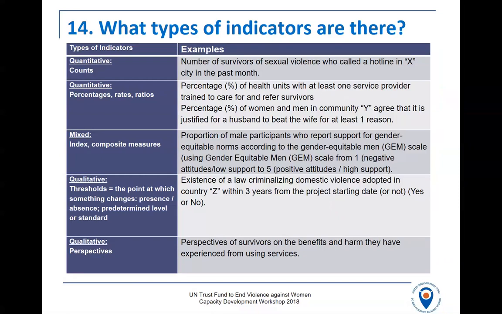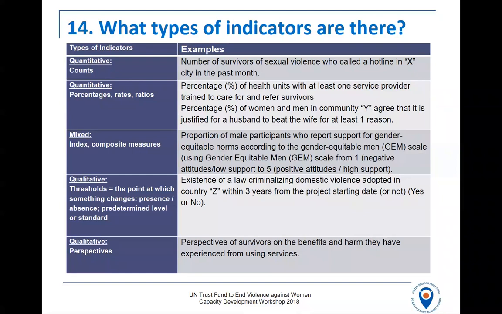Right at the bottom of this example, there are qualitative indicators, and qualitative indicators measure quality, or whether or not something exists, or whether or not something meets a standard. So whether or not a law exists is a qualitative indicator because it exists or it doesn't. There's a quality to it.